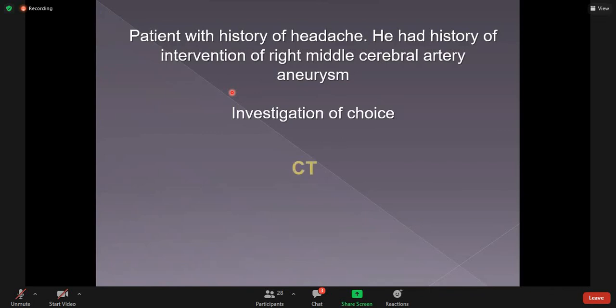CT. Why? Because there was an intervention for the right middle cerebral artery aneurysm, and if there is an aneurysmal clip, it is contraindicated for the MRI. So we have to first rule out how the aneurysm was operated or the intervention done. So the first investigation is the CT. This is the reason behind it.